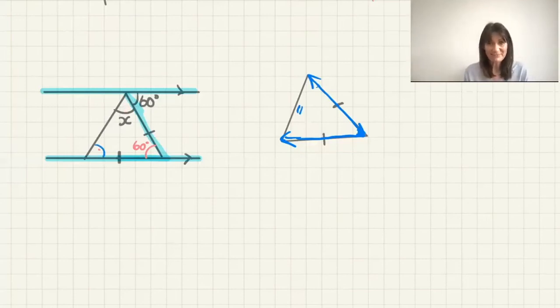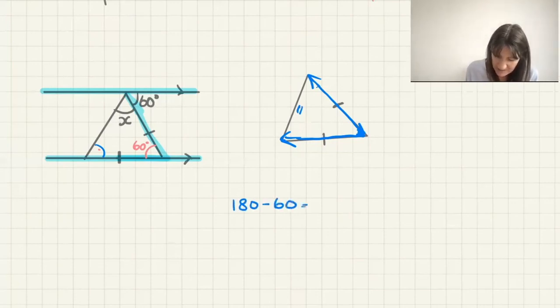All right, so we know that a triangle is 180. Take away the one we know, gives you 120. That 120 is for the X and the other angle. These two are the same size. So we've got to share the 120 equally between them.